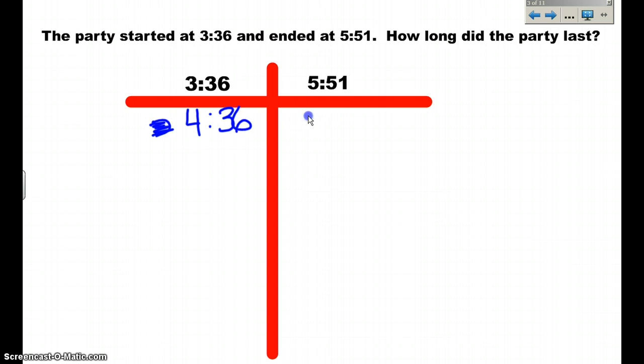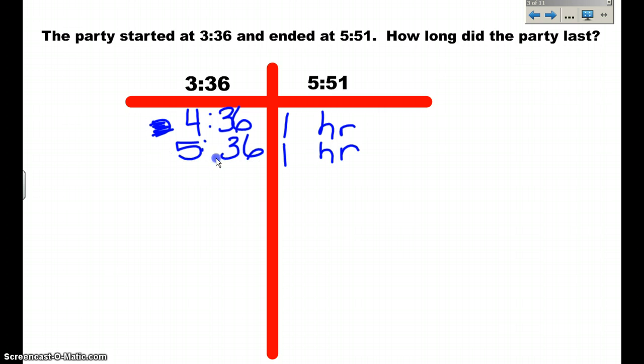And I'm going to bank over here that was 1 hour. Okay, so then the next hour would be 5:36. And I can go to 5:36 because that's within my time limits. And I'm banking another hour. So over here again, 1 more hour.